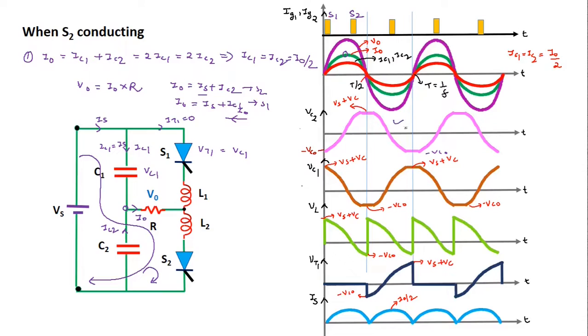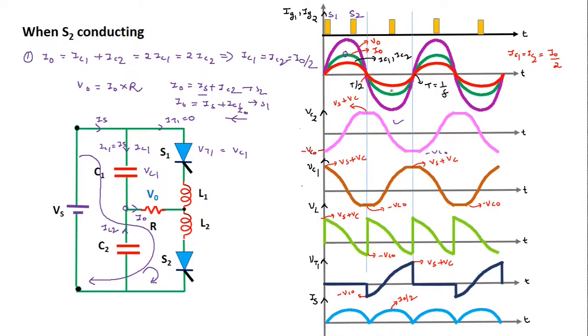But the load current waveform, the load voltage waveform, or the capacitor 1 current or capacitor 2 current waveform will change, because when the S1 SCR is conducting, these current directions will be different, and when the S2 SCR is conducting, these current directions will be different. Therefore we are taking the waveform in the positive half cycle and negative half cycle for these currents, but the source current will always be on the positive side only.